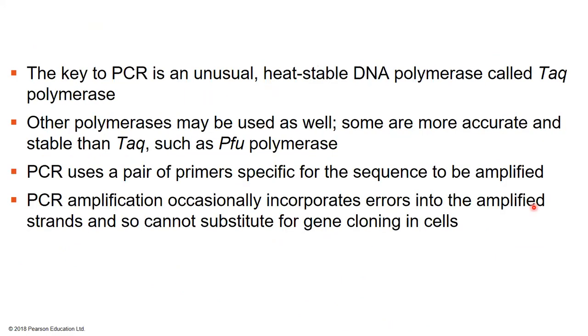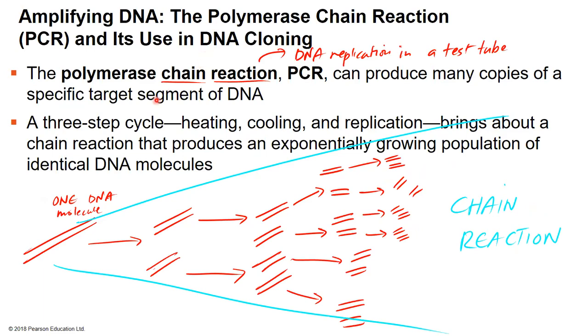All right. So in the PCR, we have cycles, and in each cycle, the number of DNA molecules doubles. So for example, if we start with 1 DNA molecule, after cycle 1, we have 2. After cycle 2, we have 4. After cycle 3, we have 8 DNA molecules.